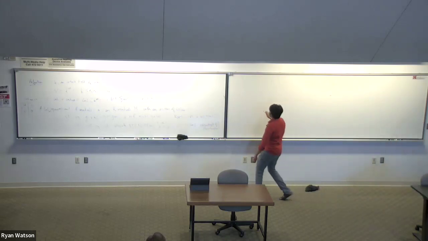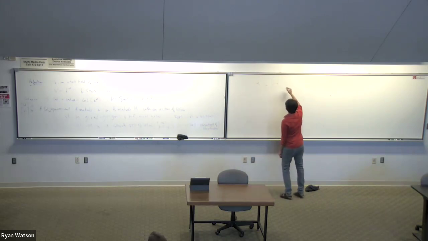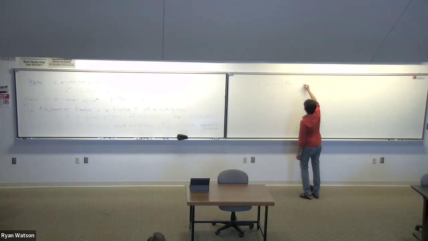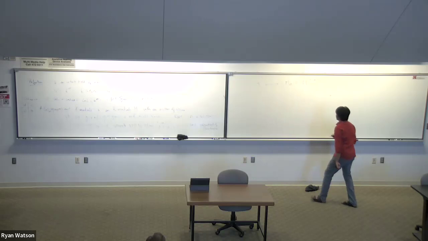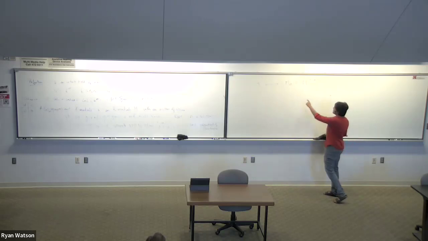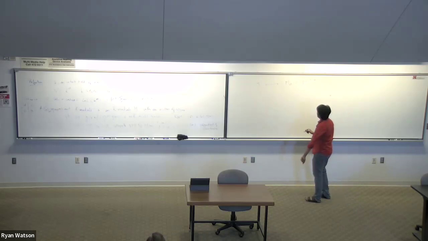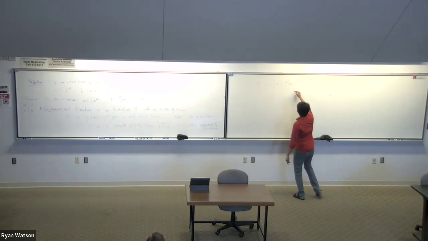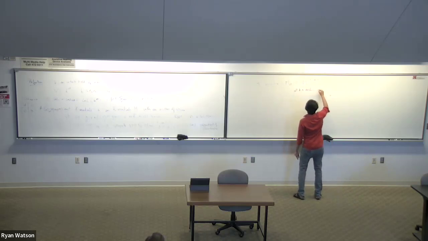So if you give me such a module M, you can define Mn to be the things which are fixed by that subgroup. These are all elements in capital M which are fixed by this subgroup pointwise. And this will be a module over Rn.